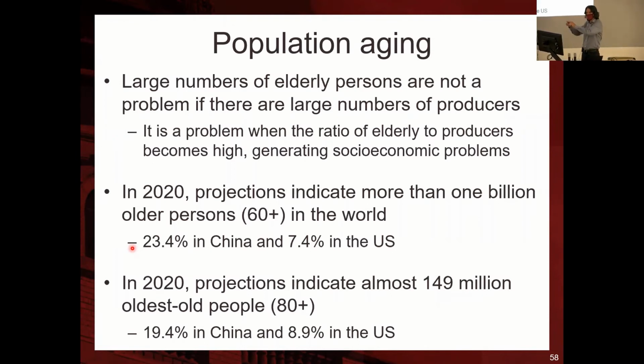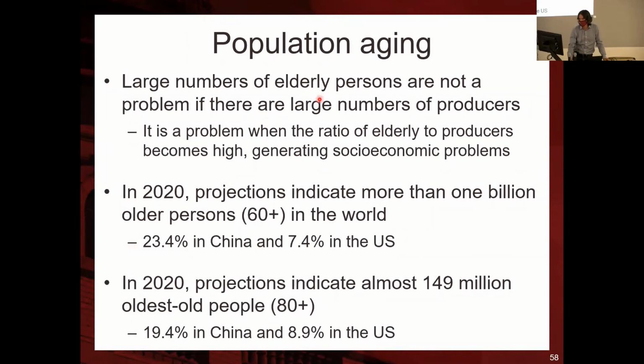People start to live longer, improvements in mortality. So you start to have a higher proportion of older people compared to the working age population. And this process in which you have declining fertility, declining mortality, in other words, increasing life expectancy, people reaching older ages in higher percentages, this process is known as population aging.